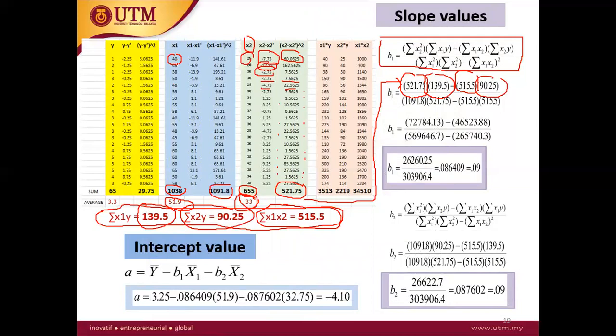So 40 minus 51.9, you get negative 11.9. 38 minus 51.9, you get negative 13.9. So squared, negative 11.9 squared, you get 141.61. Negative 13.9 squared, you get 193.21, and so on. So the total you get 1091.8.